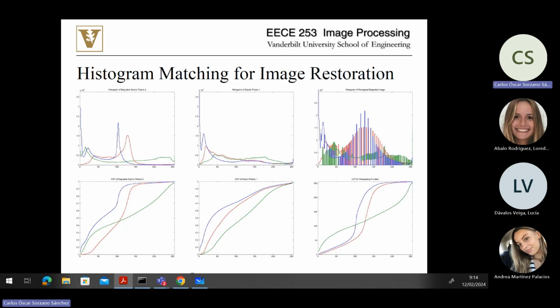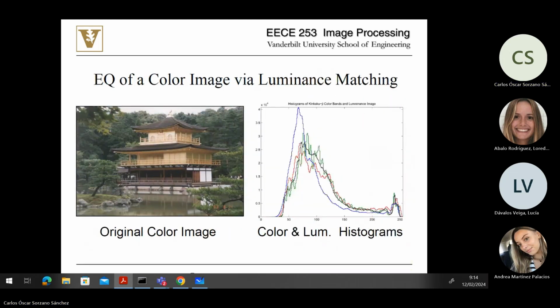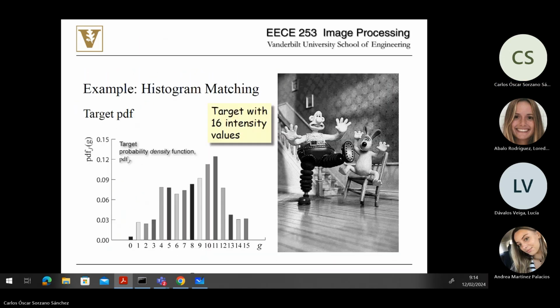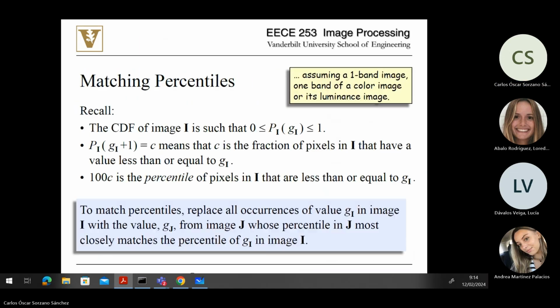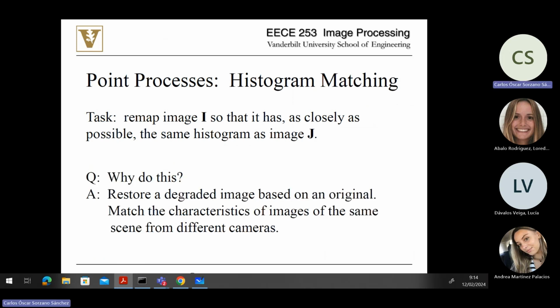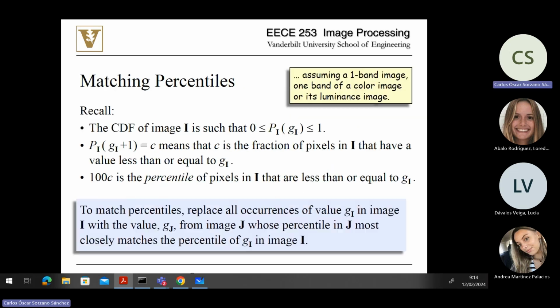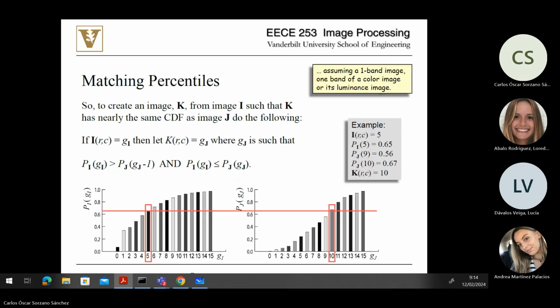Okay, so let's see how to do this. Now we come back. I have called it I and I ref, and please call it I and J. So J is our reference. Let's look at the two CDFs.